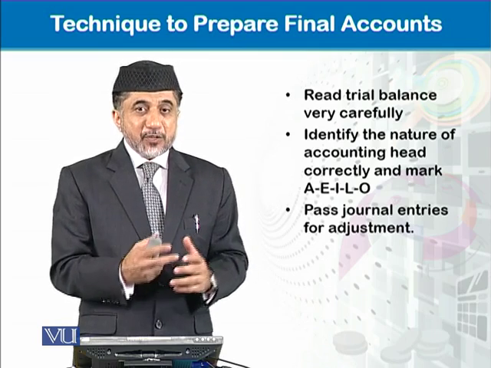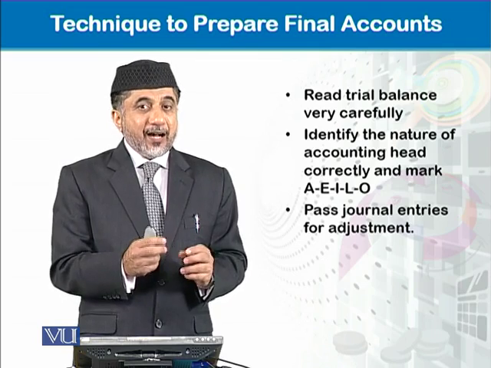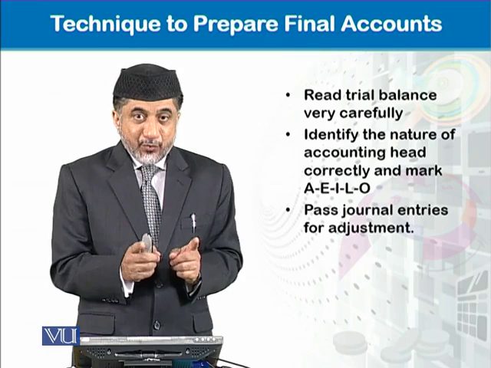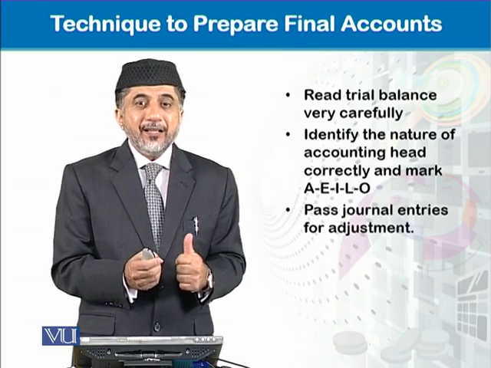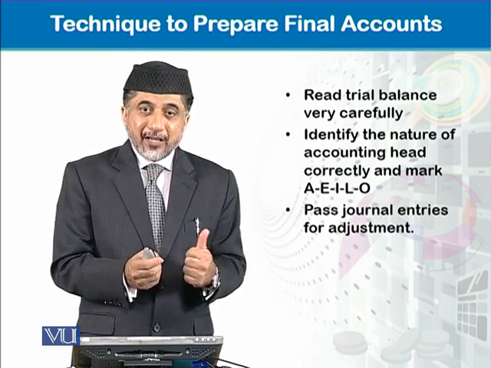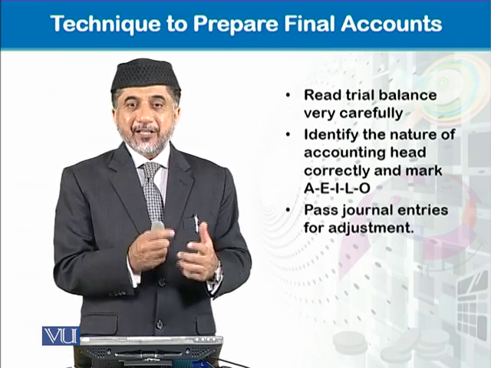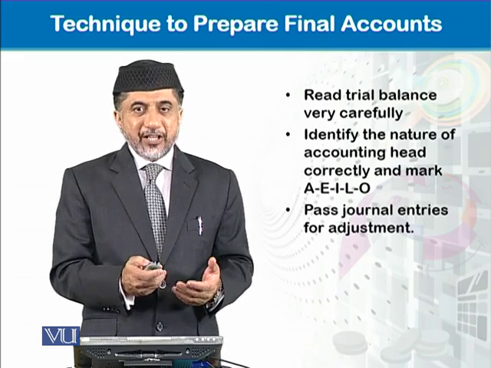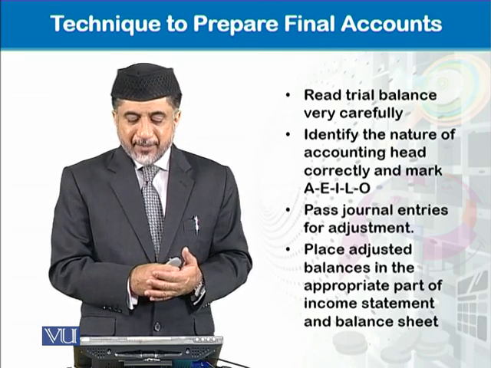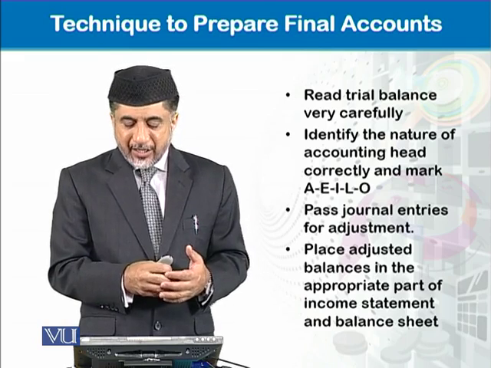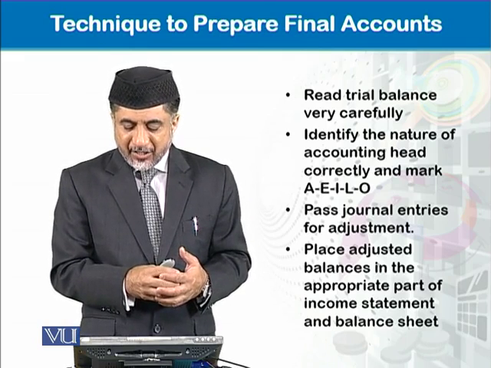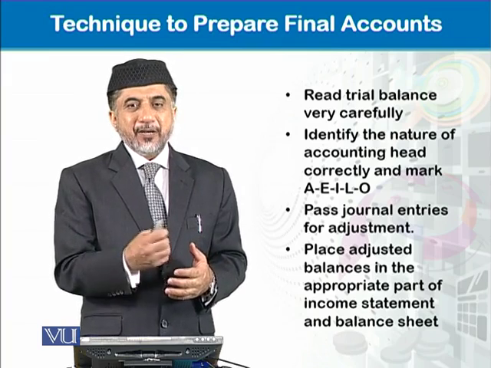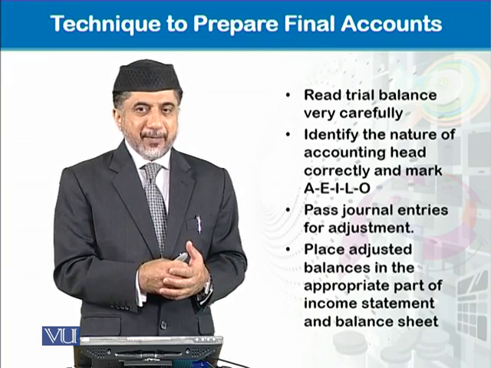And the adjustments are requiring debit and credit, which will affect the balances which are already appearing in the trial balance. So we have to pass journal entries for each adjustment, and then place adjusted balances in the appropriate statement, meaning the income statement and the balance sheet.